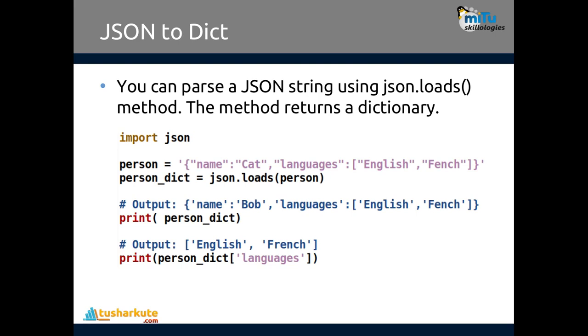So in this program which is shown to you, I'm importing json first, then in person I'm creating the string which is just like a collection of key value pairs. So name, cat, languages, English, French, something like this. And then I want to store this data into a dictionary. It's a string and I'll load it with json.loads. This string will be loaded and stored into the dictionary format.